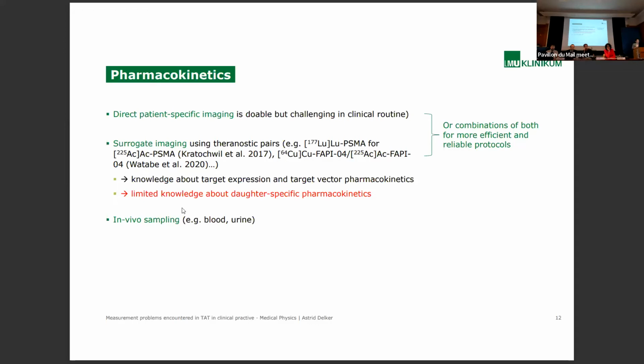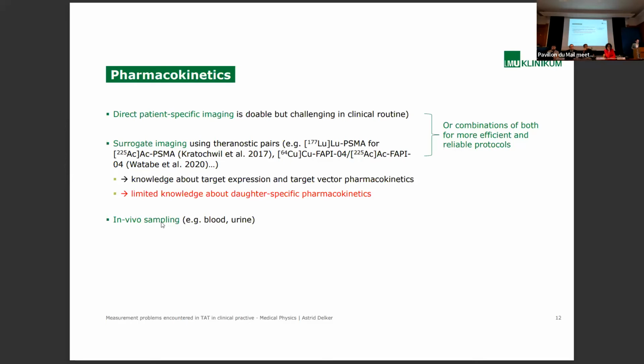But this approach is limited if you expect the daughter-specific pharmacokinetics to deviate from the pharmacokinetics of the parent. In that case, it would be advisable to combine at least the surrogate imaging maybe with one direct alpha image. Or you could also include in vivo sampling, for example urine sampling, to get knowledge about the daughter-specific pharmacokinetics.